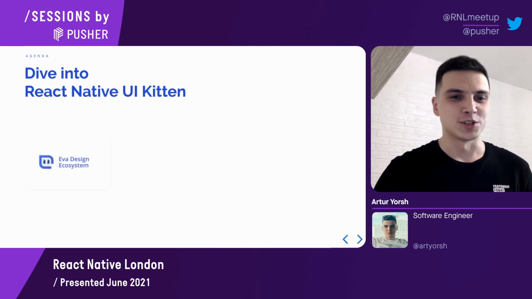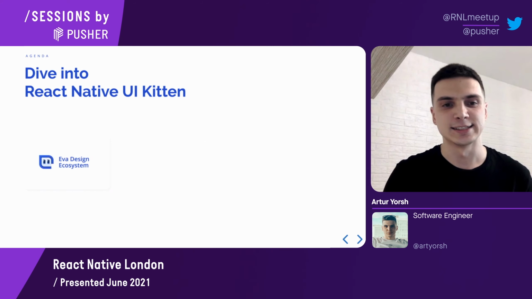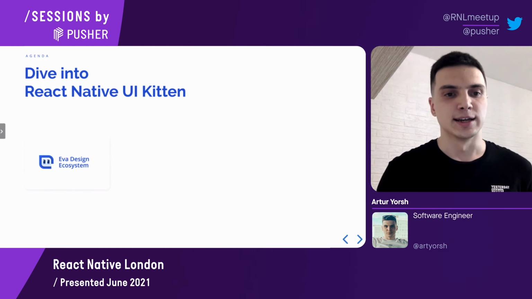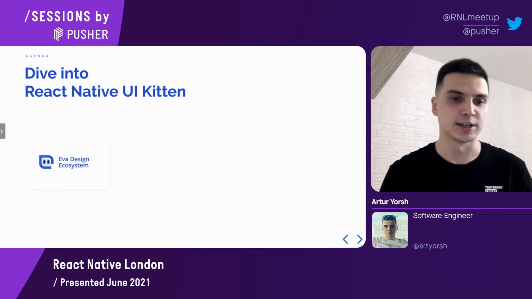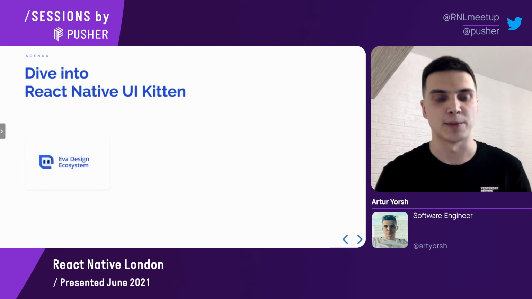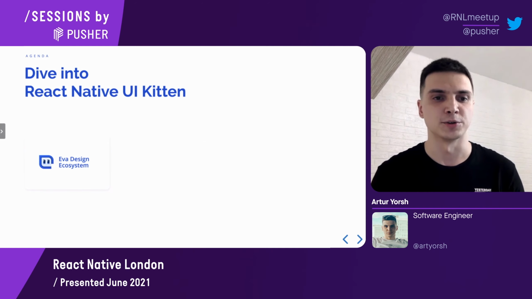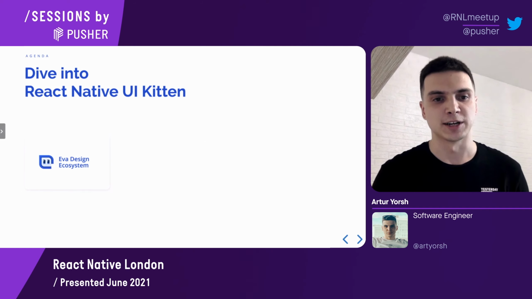First, we're going to dive into the ecosystem of Eva Design, talking about Eva-related products and how we can use them in our app. I'm pretty sure that most of you have heard about UI Kitten, but not about the other cool stuff that Eva can provide.